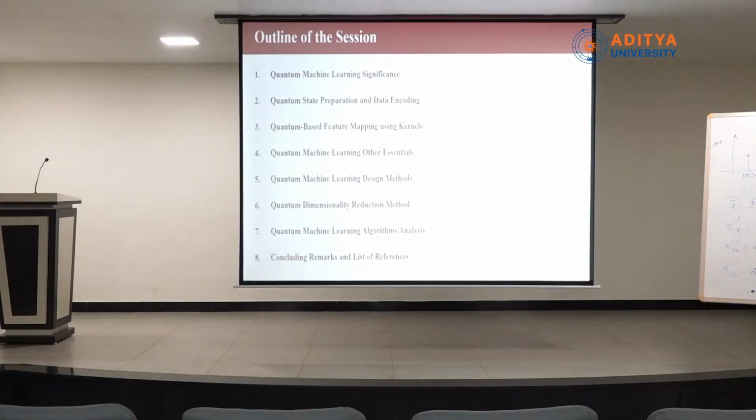Other than data encoding and feature mapping, what other things will you require to think upon for transforming your classical machine learning solution into a quantum machine learning solution? Clear?